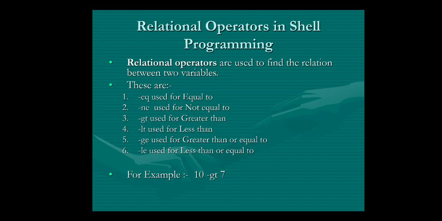In shell programming we write -eq for equal to, -ne for not equal to, -gt for greater than, -lt for less than, -ge for greater than or equal to, and -le for less than or equal to. For example, if we have to write 10 is greater than 7, we will write 10 -gt 7 in shell programming.